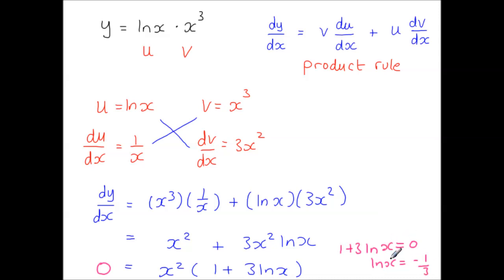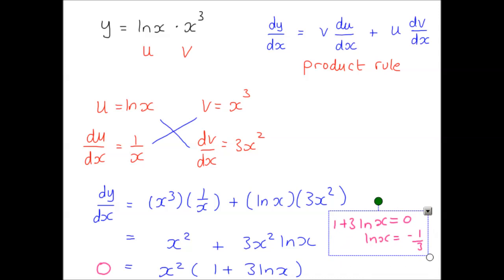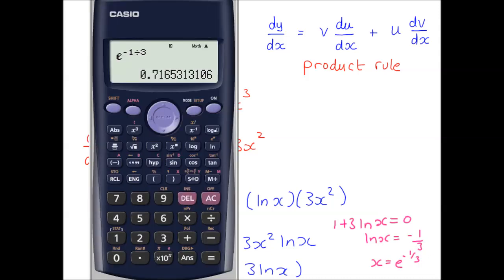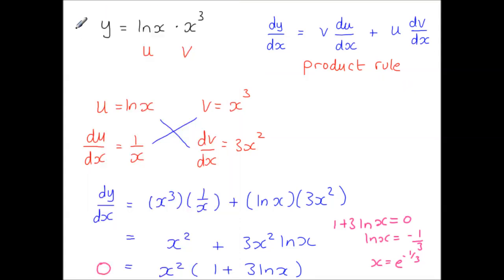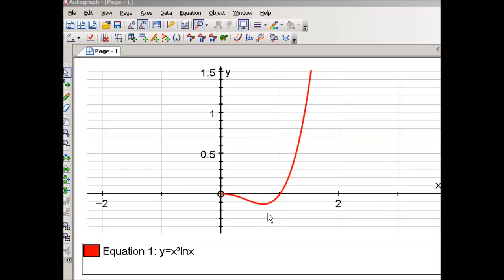and then to work out the value of x there, if you do exponentials on each side, so then you're doing e to the power of there, so that your x is equal to e to the power of minus a third. And that's the decimal value for e to the power of minus a third, 0.716. If we have a look at the graph for this function here, you can clearly see the stationary point here.